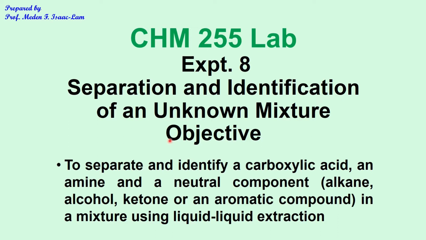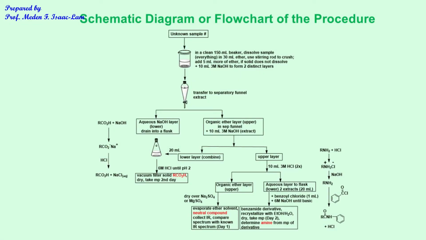The primary objective of the experiment is to separate and identify a carboxylic acid, an amine, and a neutral component, which is either an alkane, an alcohol, a ketone, or an aromatic compound in a mixture using liquid-liquid extraction. The flow chart for the experiment is shown in the second page.